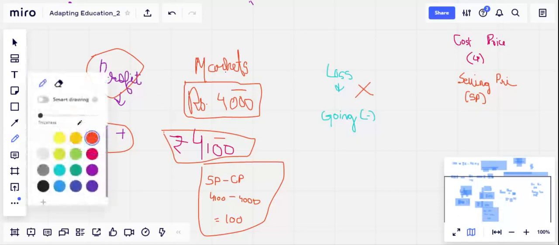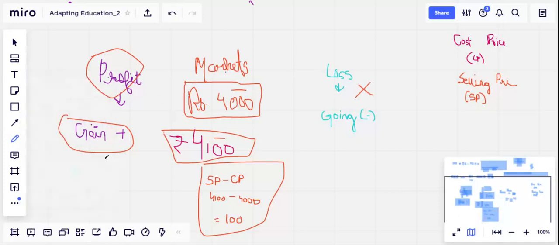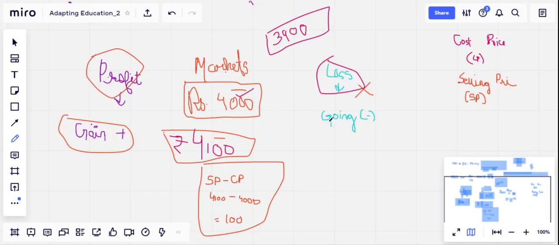Now take the same scene: we bought something at rupees 4,000 and sold it at rupees 3,900. In this, has the money increased or decreased? Yes, you got it right, it decreased. This means it's going away. 100 rupees have gone, so at this time we have a loss and not a profit.